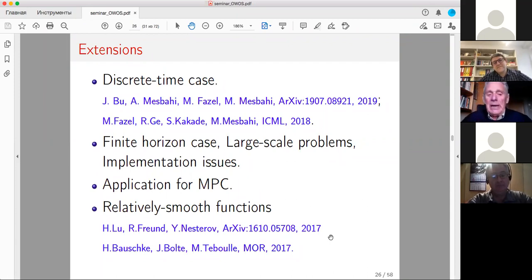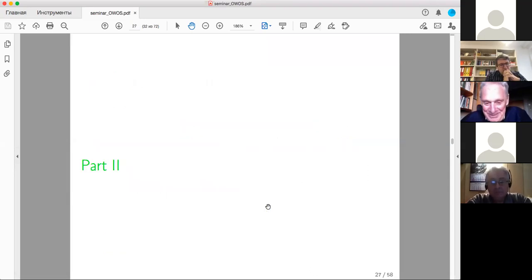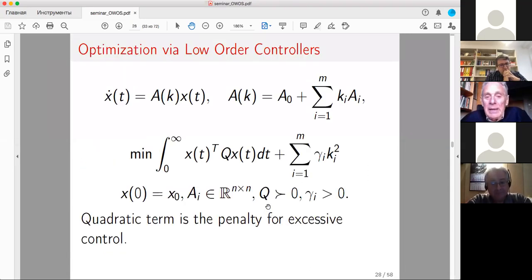But actually, at this moment, I cannot embed it in this framework of relatively smooth functions. Maybe it's possible in the future. Okay. Now we proceed to some extensions.